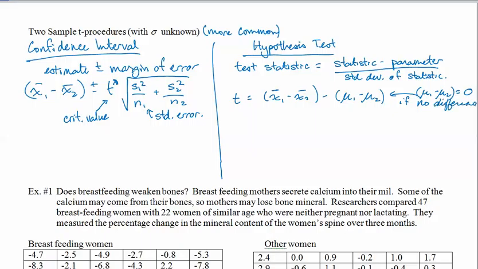Okay? And then that is going to be over the square root of S1 squared over N1 plus S2 squared over N2. So it's very similar ideas to what we saw in 10.1 with the proportions.